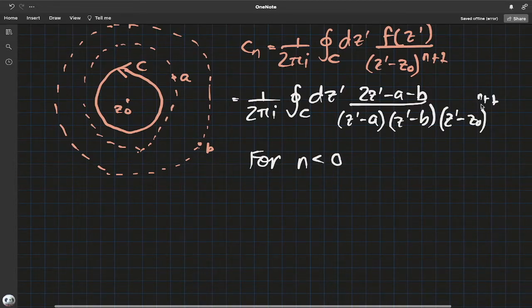If n is negative, this term will be in the numerator, or it will be 1 for say n equals negative 1, where the power will be 0, which makes this entire thing 1. Otherwise, for other negative powers which are lower, we're going to make this term go in the numerator. It's going to be some integer power in the numerator. So we don't really need to worry about this term in the denominator for this case.